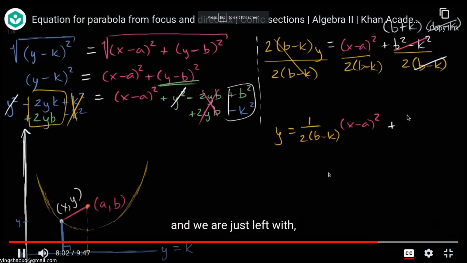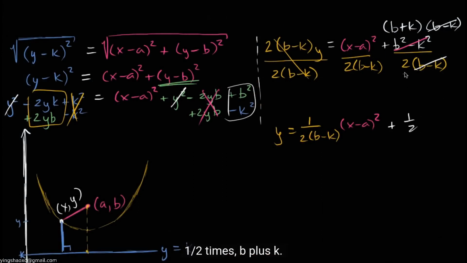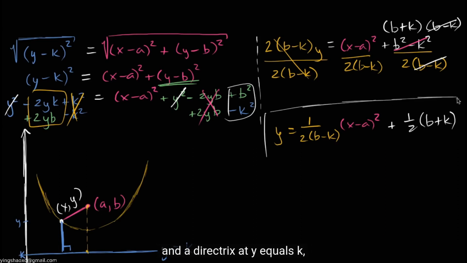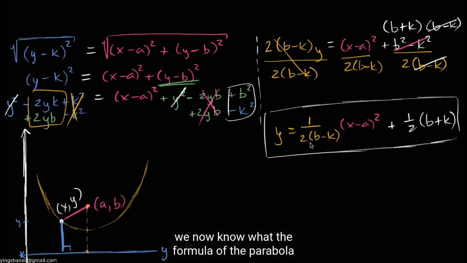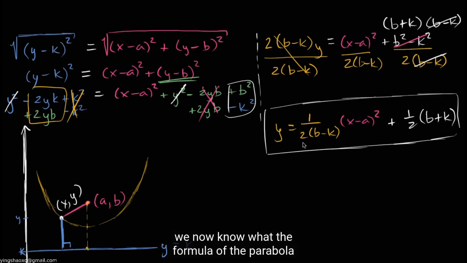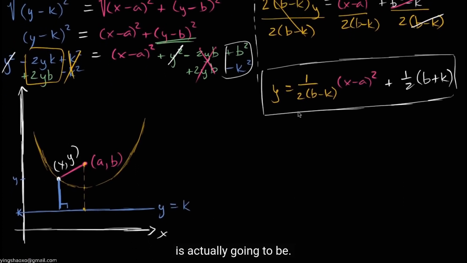And we are just left with, and we deserve a little bit of a drum roll, 1/2 times b plus k. So there you go. Given a focus at the point a comma b and a directrix at y equals k, we now know what the formula of the parabola is actually going to be.